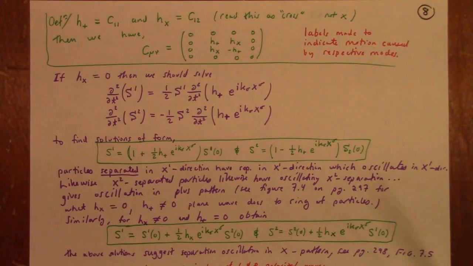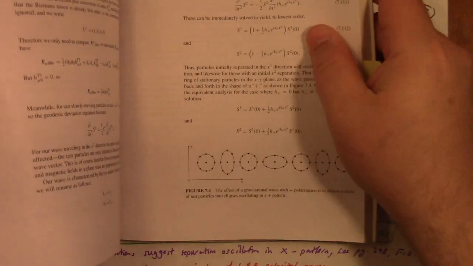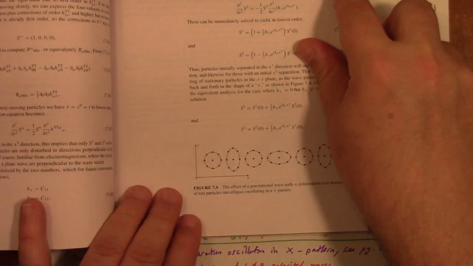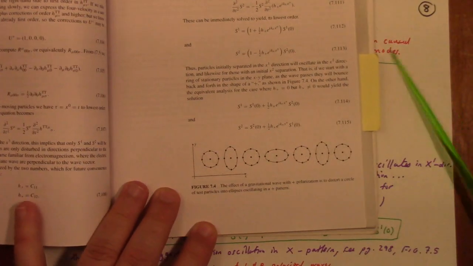All right, and so he has a picture of this, which I think is very helpful because I am not endeavoring to recreate it here. So here's his picture of what that solution would kind of mean for particles.